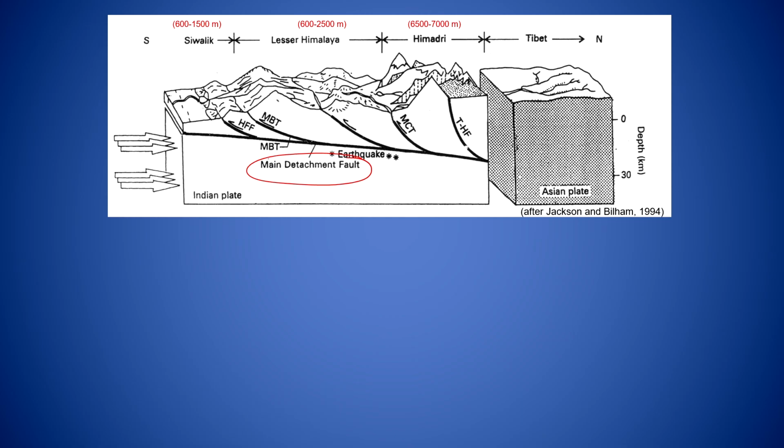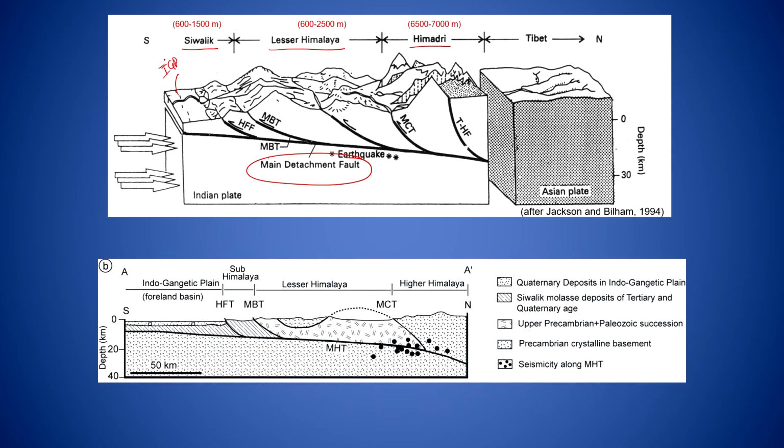So, we have the higher Himalayas, which we also call Himadris, lesser Himalayas, and then Shivaliks or sub Himalayas, and then this one is your Indo-Gangetic plain. So, we have multiple thrust fault systems which have been developed along the detachment. Okay. So, that is along this low detachment.